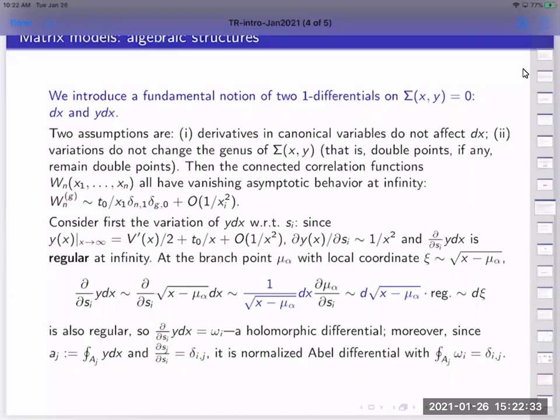So another assumption is that when we do variation, we keep these double points and we don't add new cuts. So the genus of this curve is not changed, and correspondingly the number of branch points is not changing upon variations.